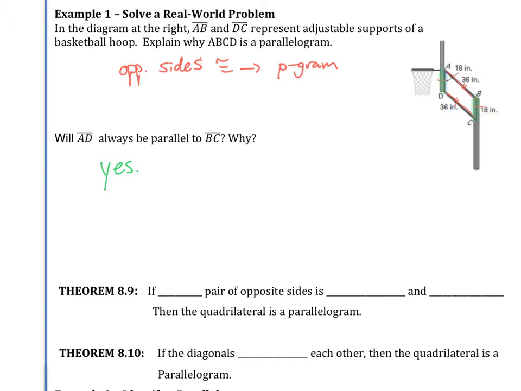Since we know that the opposite sides will always be congruent, we know it's always going to be a parallelogram. So I'll say yes, opposite sides will always be congruent, so it's always a parallelogram.